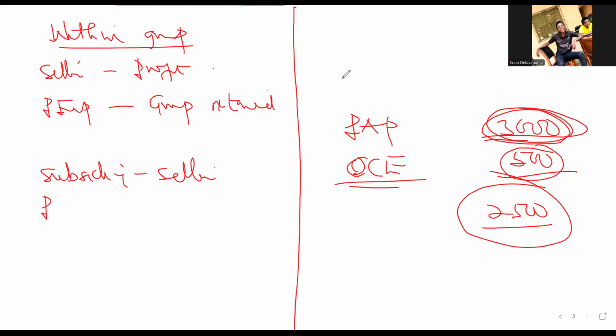The provision for unrealized profits will be taken from the net asset of the subsidiary if the subsidiary is the one selling. This is within the group.